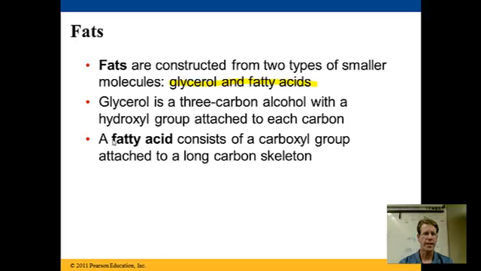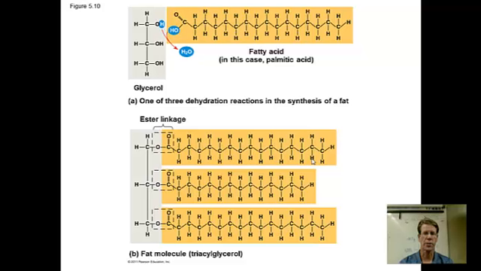The fatty acid is, again, this very long carbon skeleton, and this is where the energy is being tied up in the molecule. On the screen here, you can see this chain can go on for thousands and thousands of carbons in length, as can this chain, as can this chain.